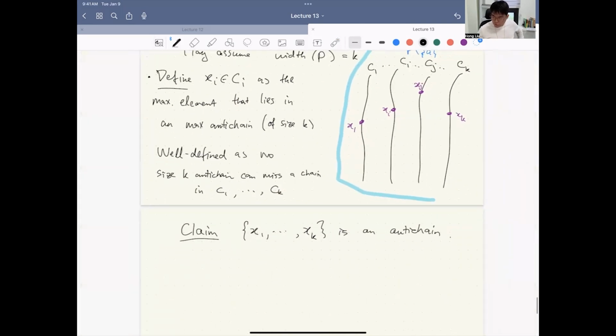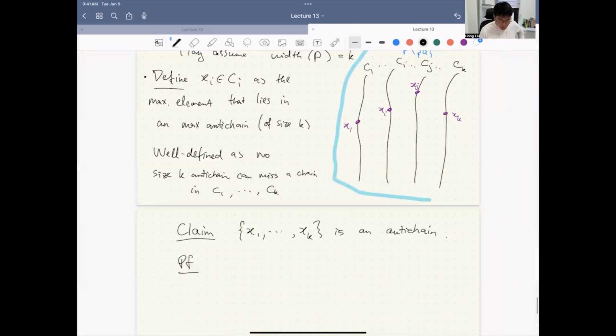The proof is simple. Suppose otherwise. Suppose say xi is less than xj. They are comparable. Now we're going to consider an anti-chain of maximum size involving xj.